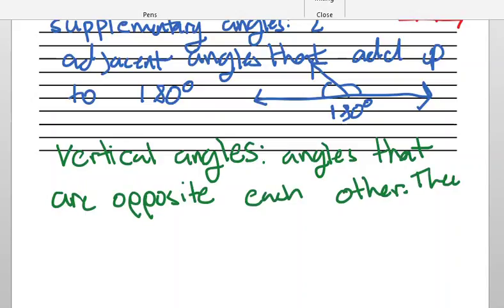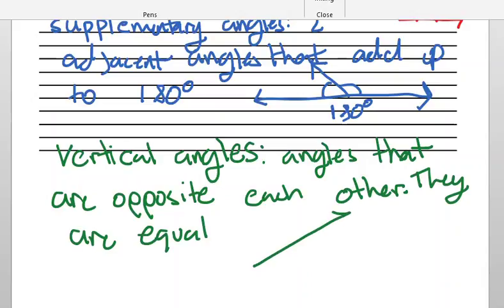And they are equal. So if I were to go like this, I have two sets of vertical angles. I have this set of vertical angles, and I have this set of vertical angles.